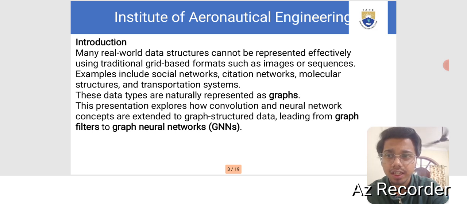These data types are naturally represented as graphs. This presentation explores how convolutional and neural network concepts are extending to graph-structured data, leading from graph filters to graph neural networks.